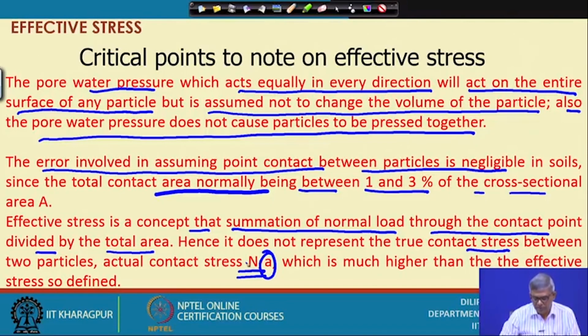So, you can imagine that the actual contact stress will be much higher than the effective stress. Though we have defined effective stress as the force transmitted through the soil skeleton, that is there only for the consideration of force, but when we consider area, we are taking the entire area. So, that is a concept, and it has to be used as a concept. That is the thing to be remembered.